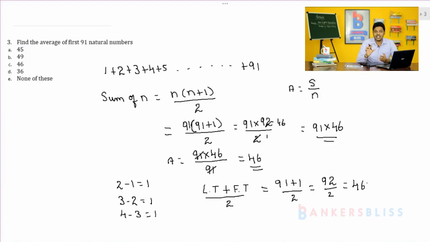If the series is in arithmetic progression, then the average is the middle number.